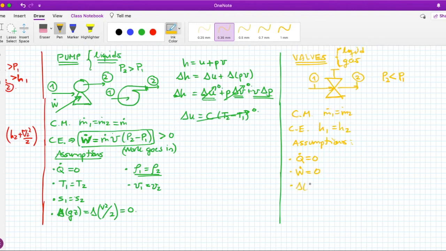You can also say that the changes in potential energy can be neglected, just as the kinetic energies can be neglected. These are around zero. You can never say this; I think this is the only time that I can say never. A valve is never isentropic.